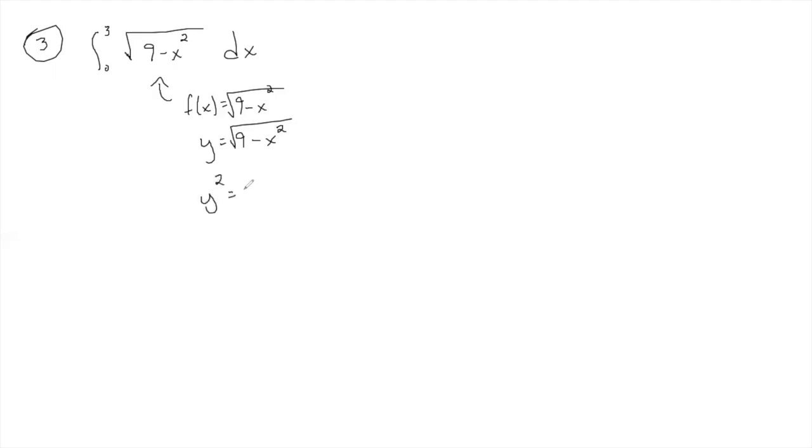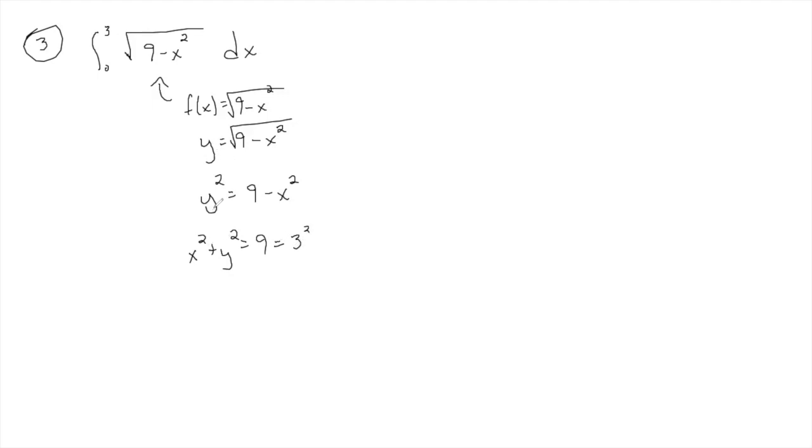I can square both sides. And if I bring all the letters to one side, I get x squared plus y squared equals 9, which is 3 squared. Right? So this is the equation of the circle of radius 3, right? X squared plus y squared equals r squared, where r is the radius.